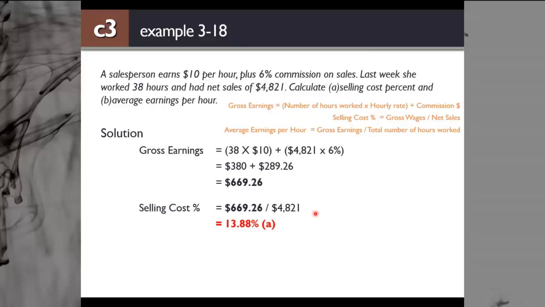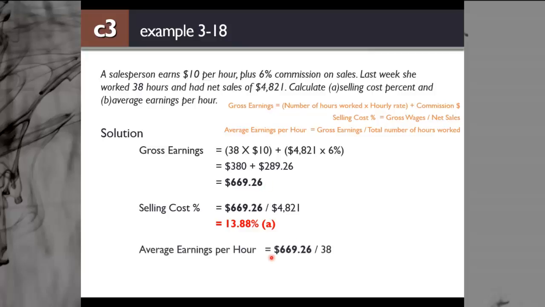And the second one, you can also calculate your average earning per hour, which is gross earning divided by total number of hours worked. So where is the gross earning? Yes, here, 669.26. And how many hours you worked? There will be 38 hours, right?